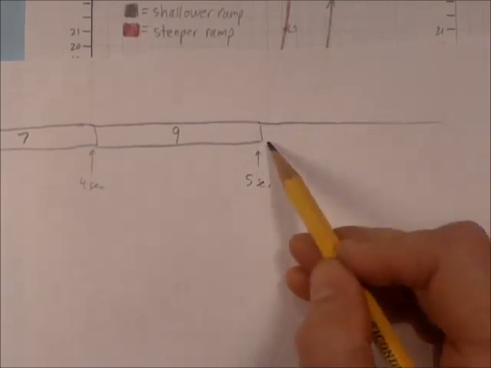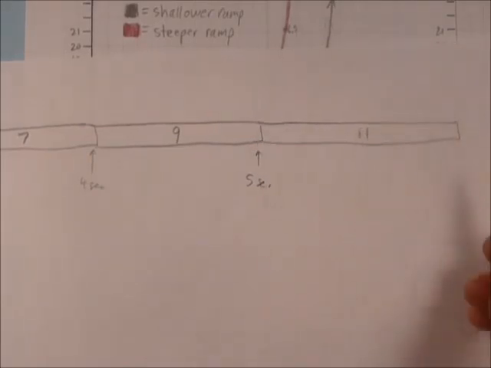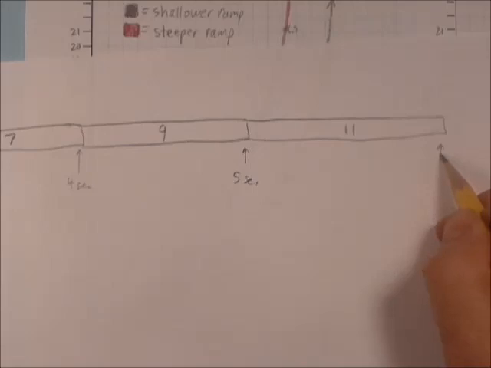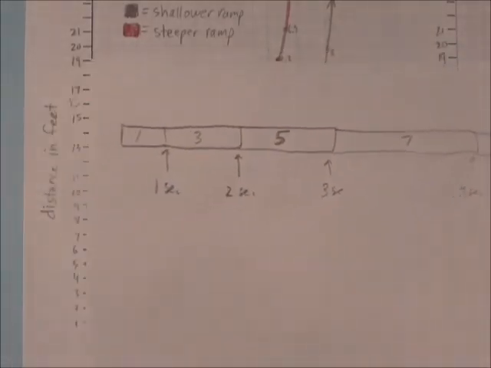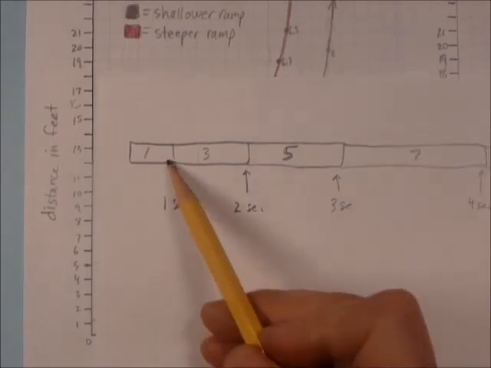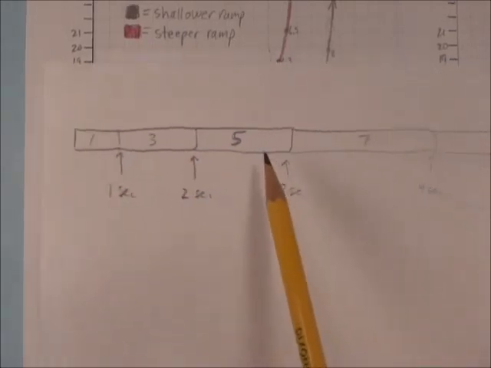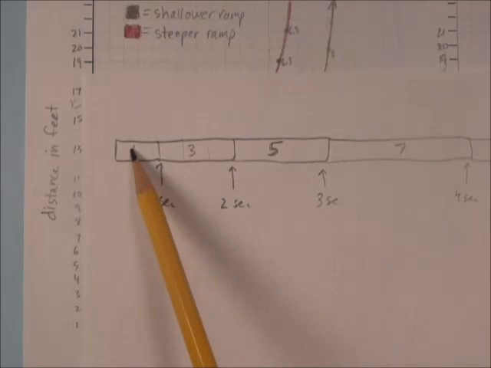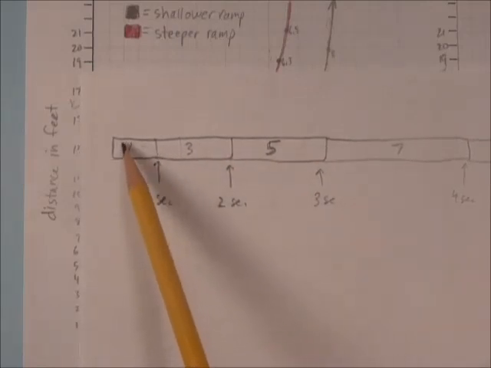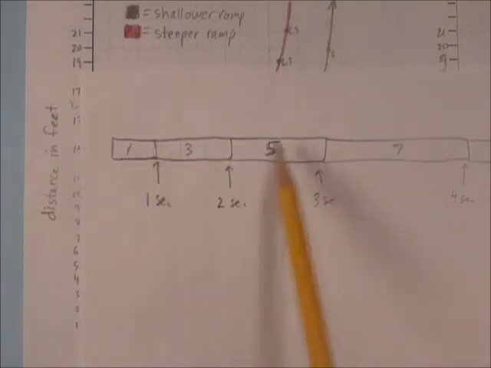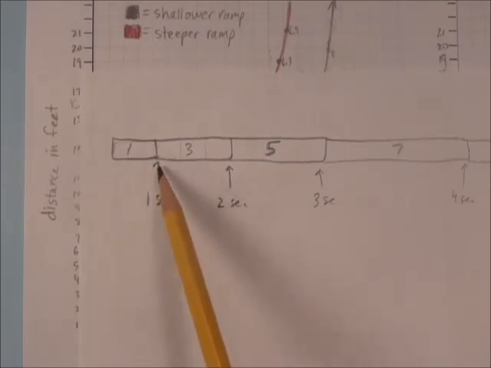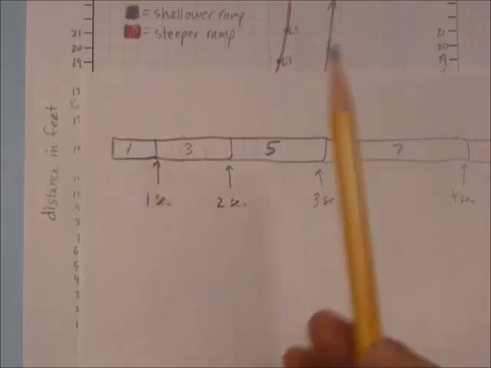And then in the next second, it traveled 11 of those units, the 6-second mark. So no matter what those units are, we could say these were inches: 1 inch, 3 inches, 5 inches, 7 inches. We could call them meters. It doesn't matter, but everything is based on that original unit at the 1 second mark.